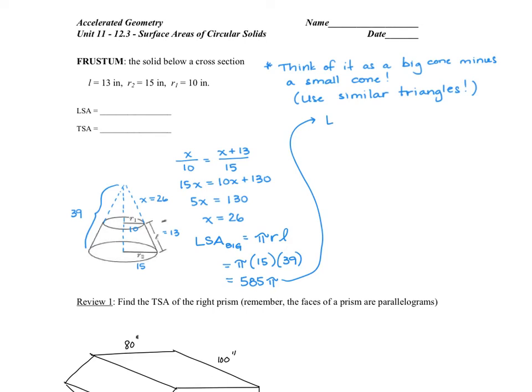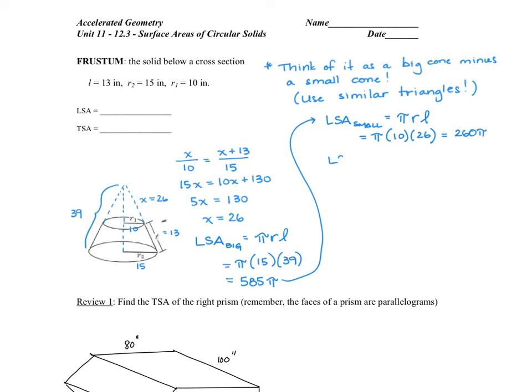I'm also going to need the lateral surface area of the smaller cone if I want to find the total surface area of the frustum. And again, the formula is pi r l. In this case, the radius is 10 and the slant height is 26. So the exact surface area of the smaller cone is 260 pi.